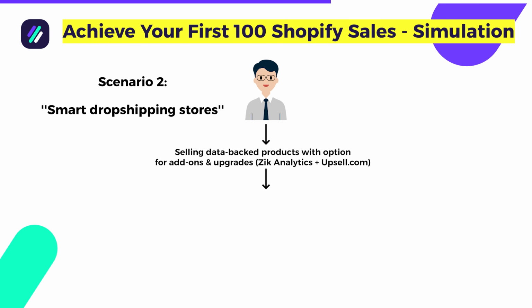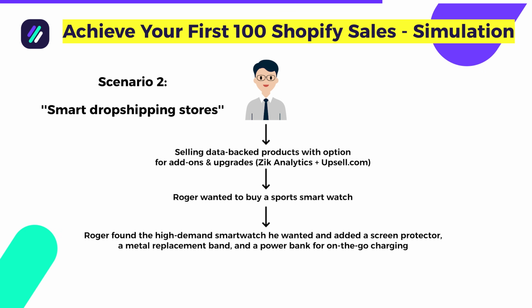Now, also in here, Roger wants to buy a sports smartwatch. Now, the chances are much higher for Roger to find the high-demand smartwatch he actually wants. But it doesn't stop here. Because of smart add-ons in the form of cross-sells, Roger also adds to his purchase a screen protector, a metal replacement band, and a power bank for on-the-go charging. The result? Roger's cart value is now $187, and the overall product sold are 4. Same buyer, completely different approach.